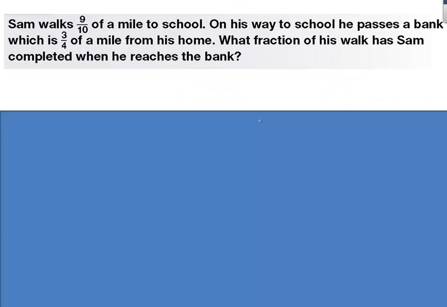Okay, so let's look at a story problem, because that makes it a little bit more confusing. Sam walks 9/10 of a mile to school. On his way to school, he passes a bank, which is 3/4 of a mile from his home. What fraction of his walk has Sam completed when he reaches the bank? Sam all the way to the school isn't a full mile, right?